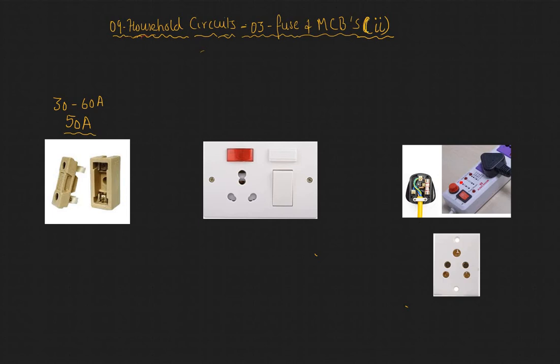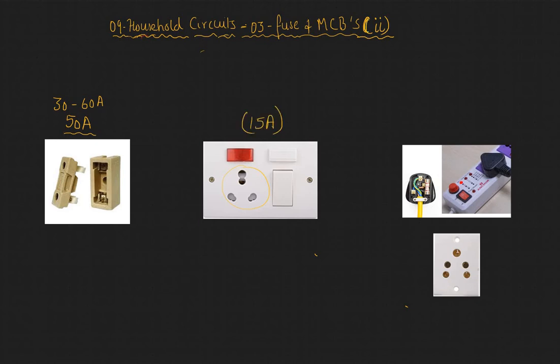And then you will find these for your geysers and heaters, etc., which is high power equipment. You find this big socket. These are big sockets which require big plugs and big pins. The smaller plugs won't fit inside these sockets. These are 15 ampere lines.